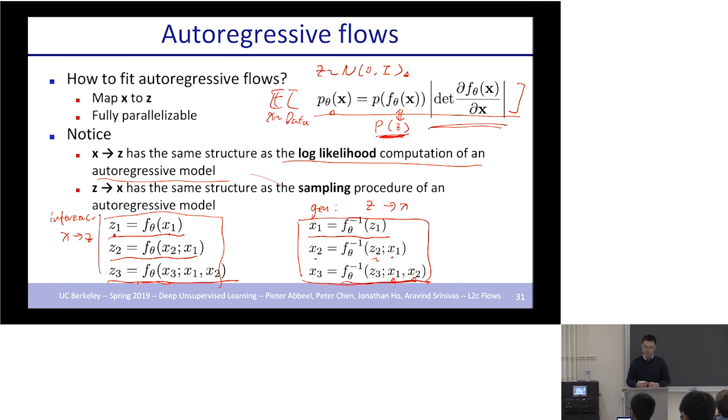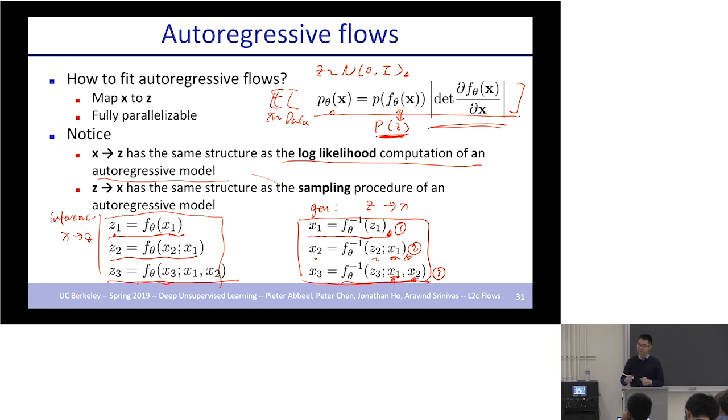And when you actually try to sample it, it would become slower. When you try to sample it, you would realize that the first invertible function doesn't depend on anything. The second invertible function actually depends on x1. So meaning I need to first evaluate 1 in order to start evaluating 2. And then for the last random variable, you notice that it depends on the results of all previous computations.